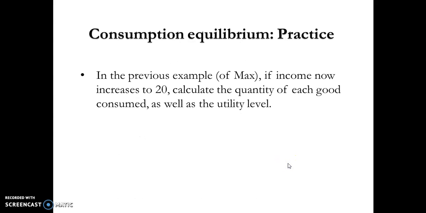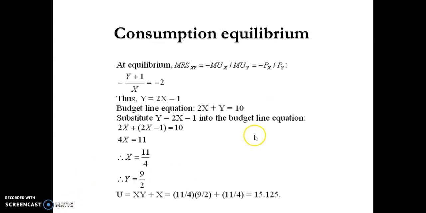So in the previous example, you can test this on your own. For max, if income now increased to 20, so always read carefully, it's not by 20, it's to 20. Calculate the quantity of each good consumed as well as the utility level. So of course your budget constraint is going to change. The only thing that will change is instead of this being 10, it will become 20.